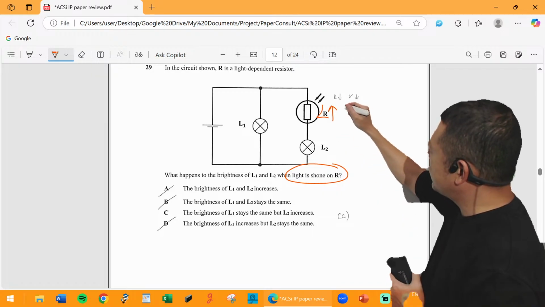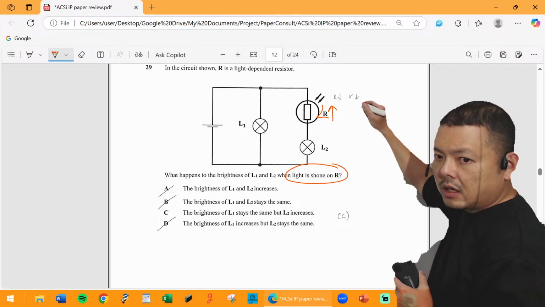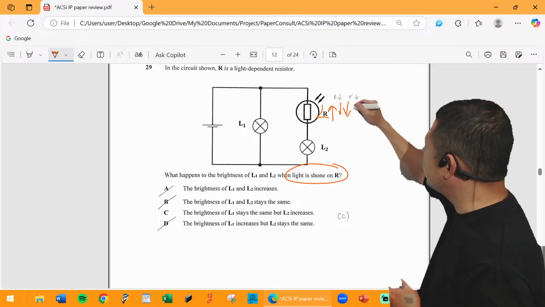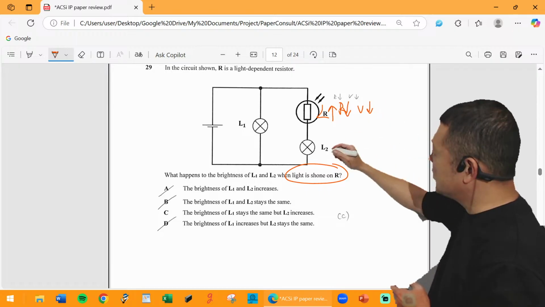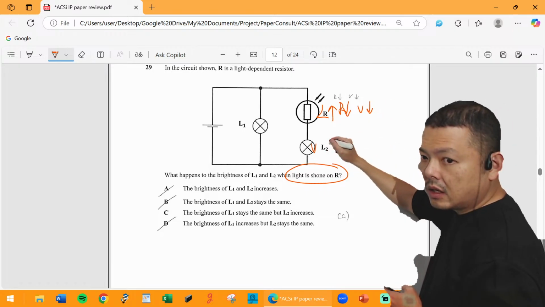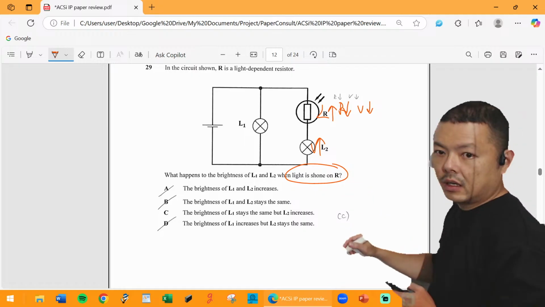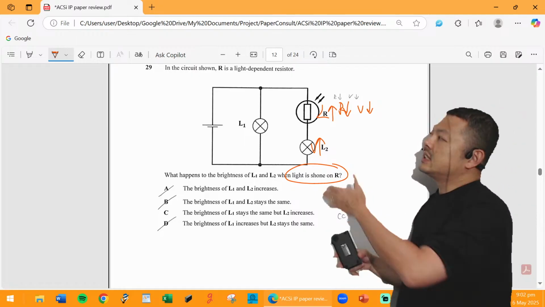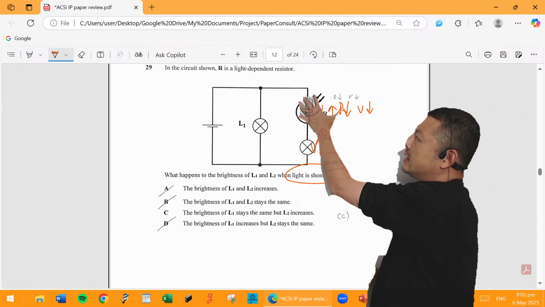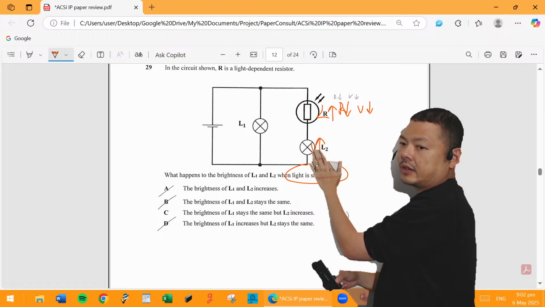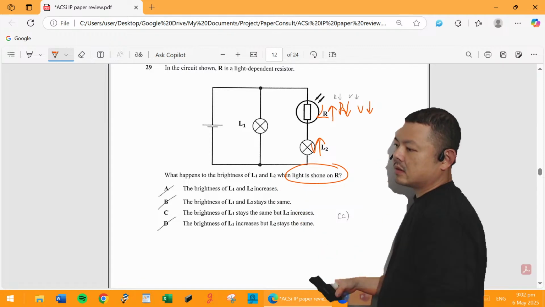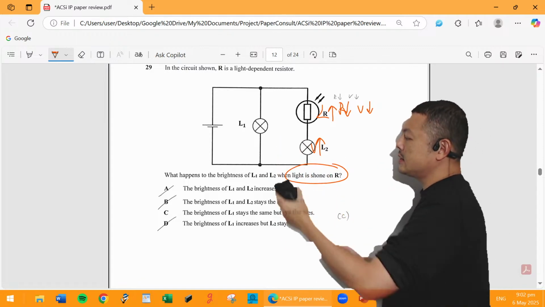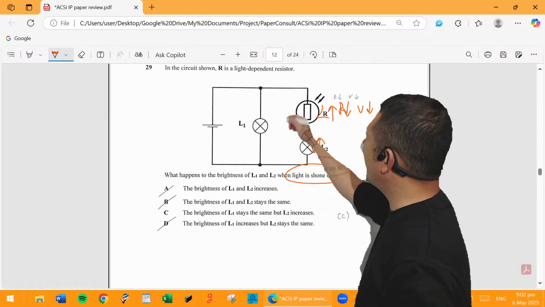Light increases, right? Then the resistance decreases. Then the voltage decreases, right? So then the voltage of this one will increase. Potential divider. This side here, the voltage decreases. This side here, the voltage will increase. So L2 will become brighter. But L1, nothing happens, because L1 is a parallel branch from these two.